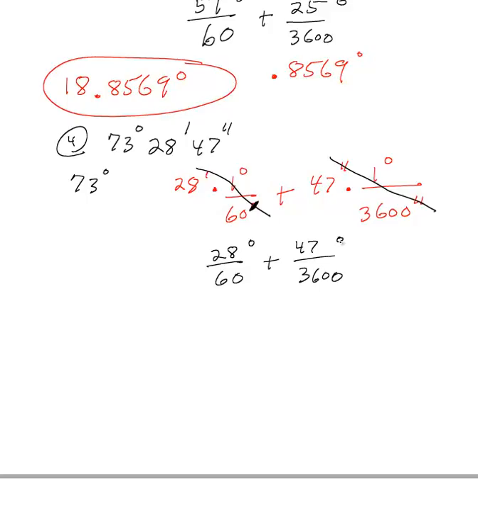You can just go 28 divided by 60 plus 47 over 3,600. And what you end up with is 0.4797 degrees. So put that together, your final answer, 73.4797 degrees.